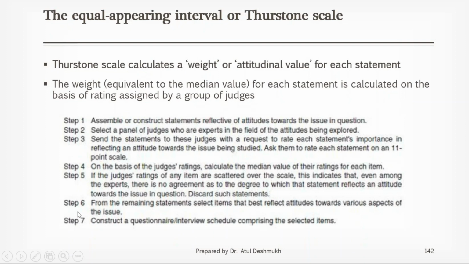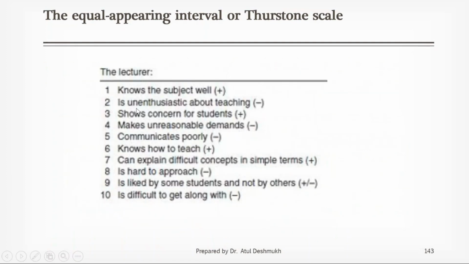So step number 6, what are you doing? From the remaining statements, select the items that best reflect attitude towards various aspects of the issue. Means such items like shows concern for the student, it is not at all required. Then, is hard to approach. Now, there is no direct correlation, or there may not be direct association with this factor. This statement, is difficult to get along with, again will be a difficult aspect to judge for the judges.